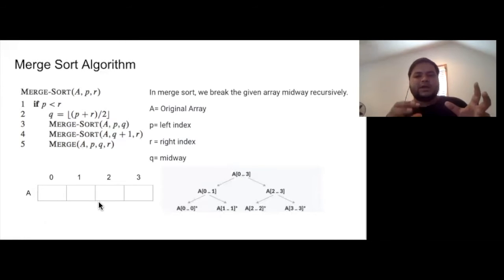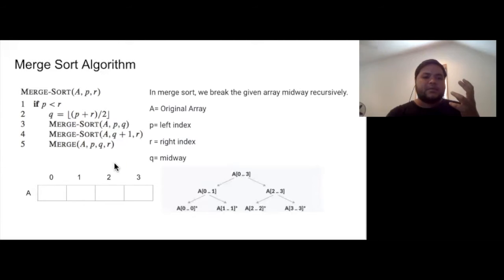So merge sort will break it down into two subarrays with 2 elements each. One is indices 0, 1, and another subarray is indices 2 and 3.